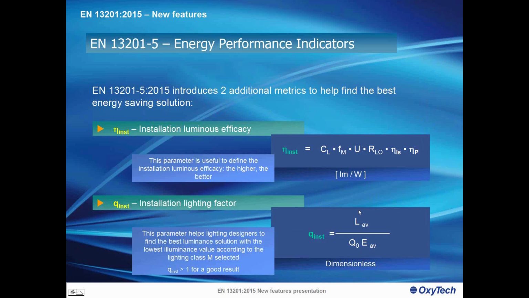It is a factor saying that, first of all, it is the ratio between the average luminance and the Q0, so the luminance factor related to the R table used for the calculation, multiplied by the average luminance of the area under consideration.